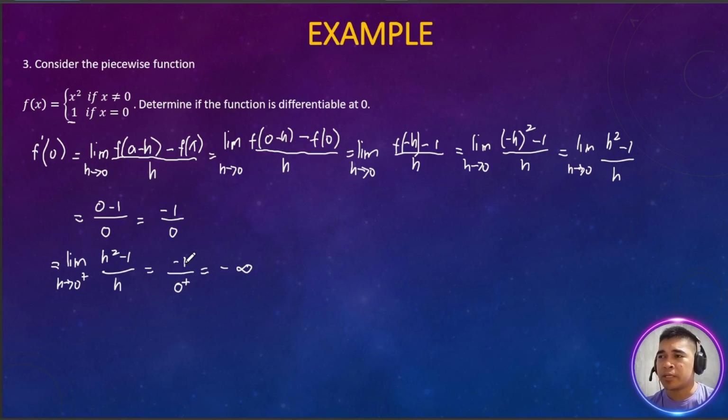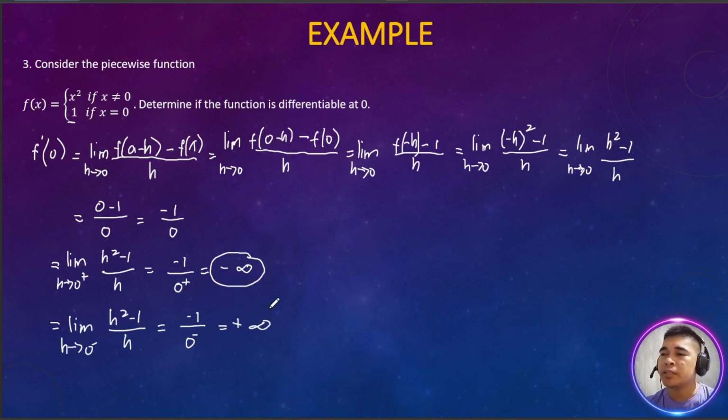If they are not of the same sign, this is less than 0 and this is greater than 0, so we have negative infinity. If we try the limit of h squared minus 1 over h as h approaches 0 from the left, we still have negative 1 and then 0 from the left, so that is positive infinity. From the right we got negative infinity, from the left we have positive infinity.